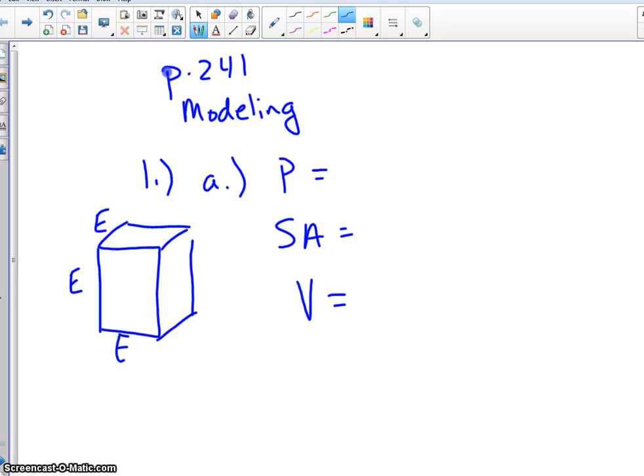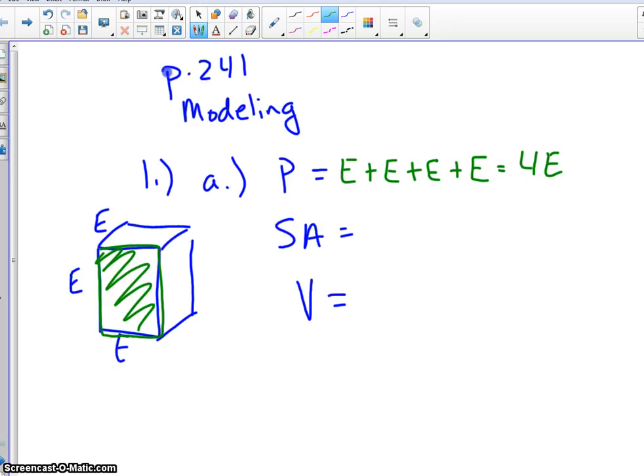All right, now that you've tried, here's what you should have come up with. If you think of the first one, the perimeter of that box, each side is E. So basically your perimeter is E plus E plus E plus E, which if you simplify it is just 4E. Now we go to surface area of this cube. Well, if you think of just this first surface here, its area is E times E, and then there are 6 faces on a cube.